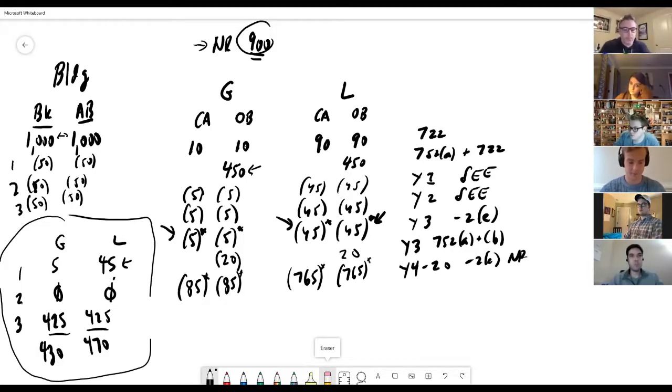What also happens in years 4 through 20 is every year 20 is going to shift from G to L. So G's outside basis is going to go down by 340. That's 17 times 20.